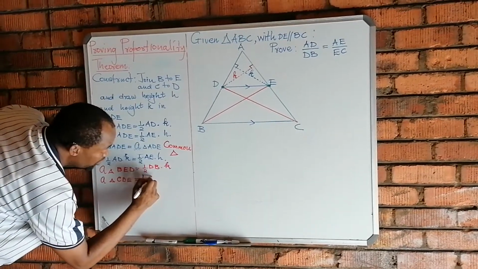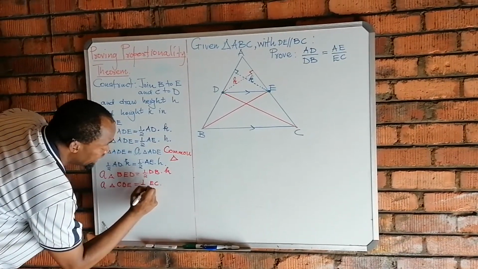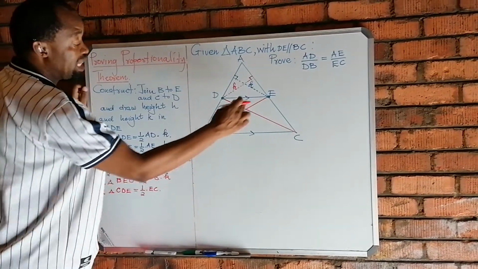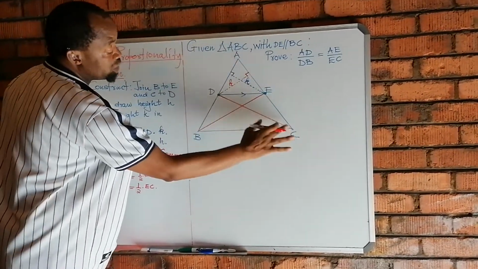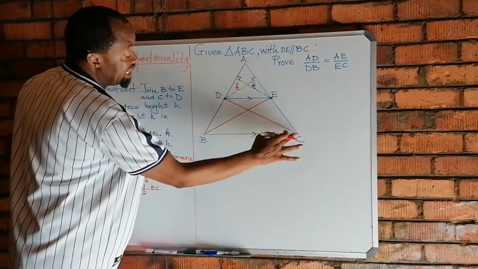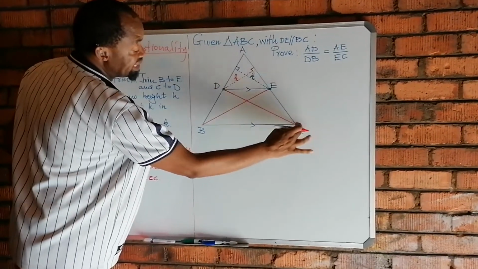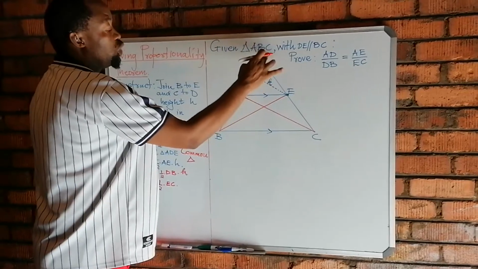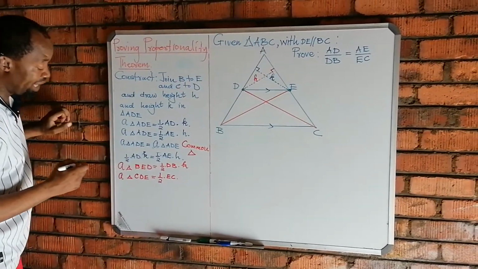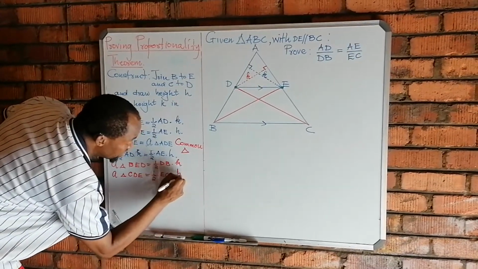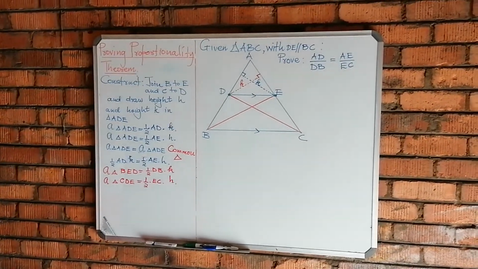The base is what we are looking for, EC, multiplied by the height, which must be perpendicular to EC. In this case, EC is produced to A. That side is perpendicular. That means this would be H.